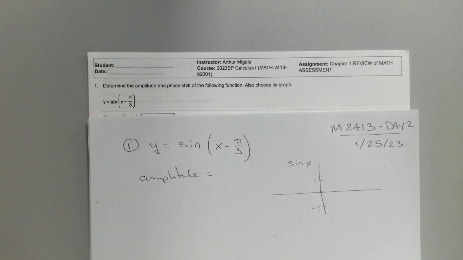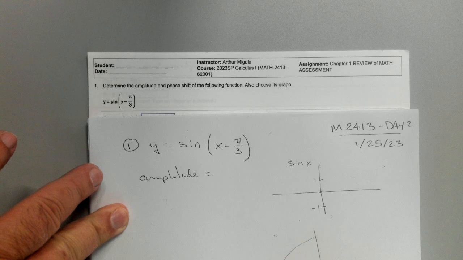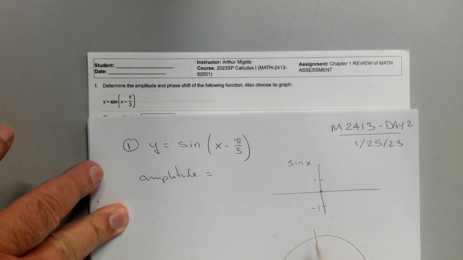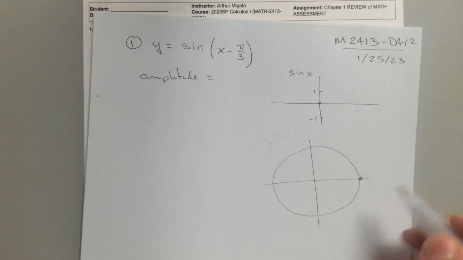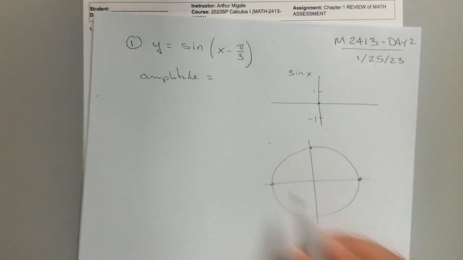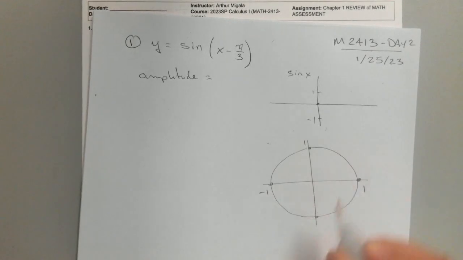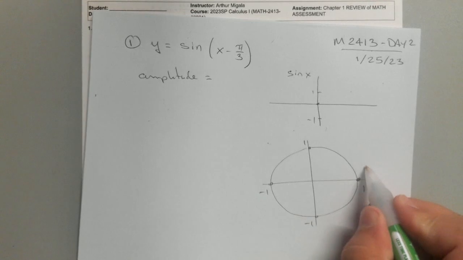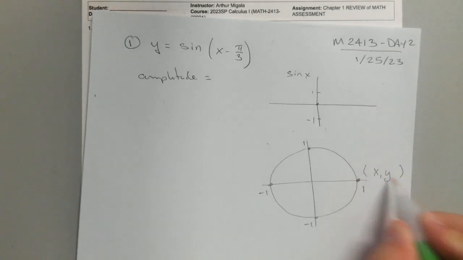How many of y'all remember your trig, the reasons behind trigonometry? When you look at the unit circle, each point on your unit circle is bounded by 1 and negative 1. Each point is made up of an x and y component.